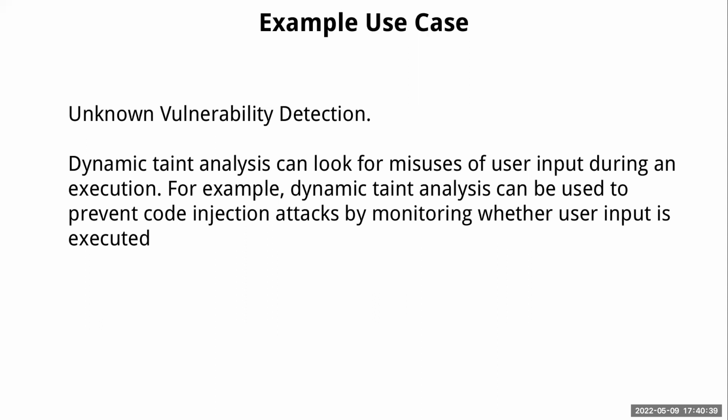Then you execute the program, and eventually the sink could be a network function that is sending out a packet, or writing something to a file system. You can check at that point if the input to that point is also tainted. If it is tainted, then it means your data is leaked.